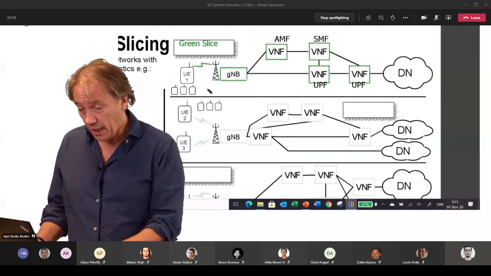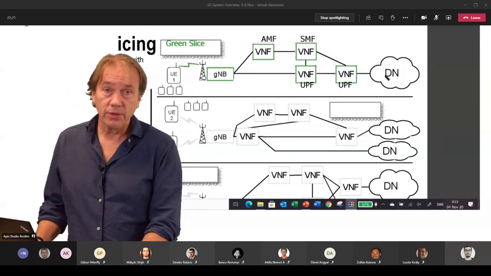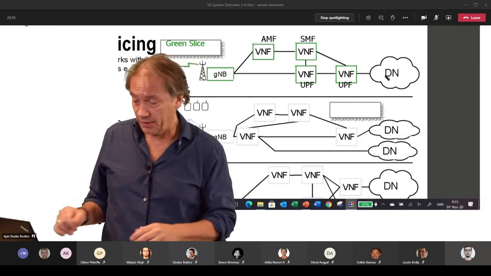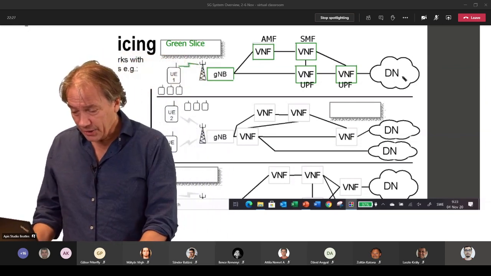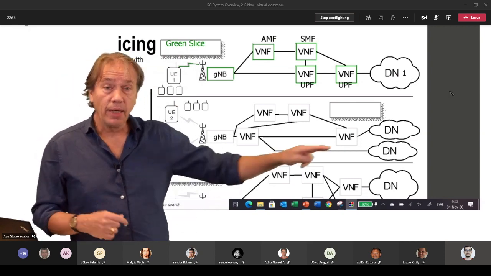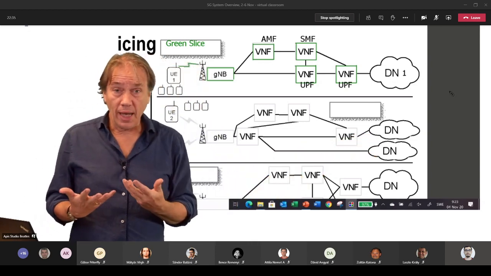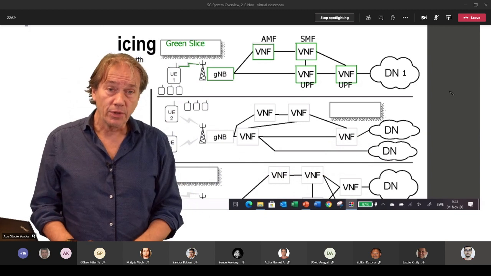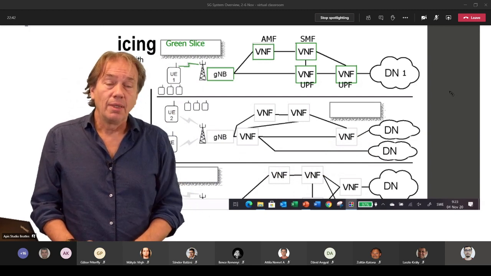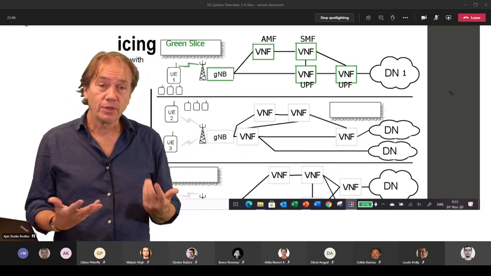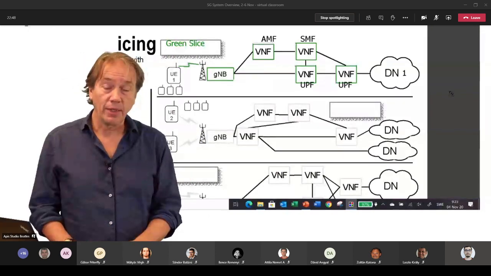My idea, once again, because I did this picture myself, I cannot really blame anybody else. My idea is that, or was that, this is data network 1. As you can see here, a network slice can provide access to multiple data networks. So there is a kind of 1 to n relationship between a network slice and the number of data networks.